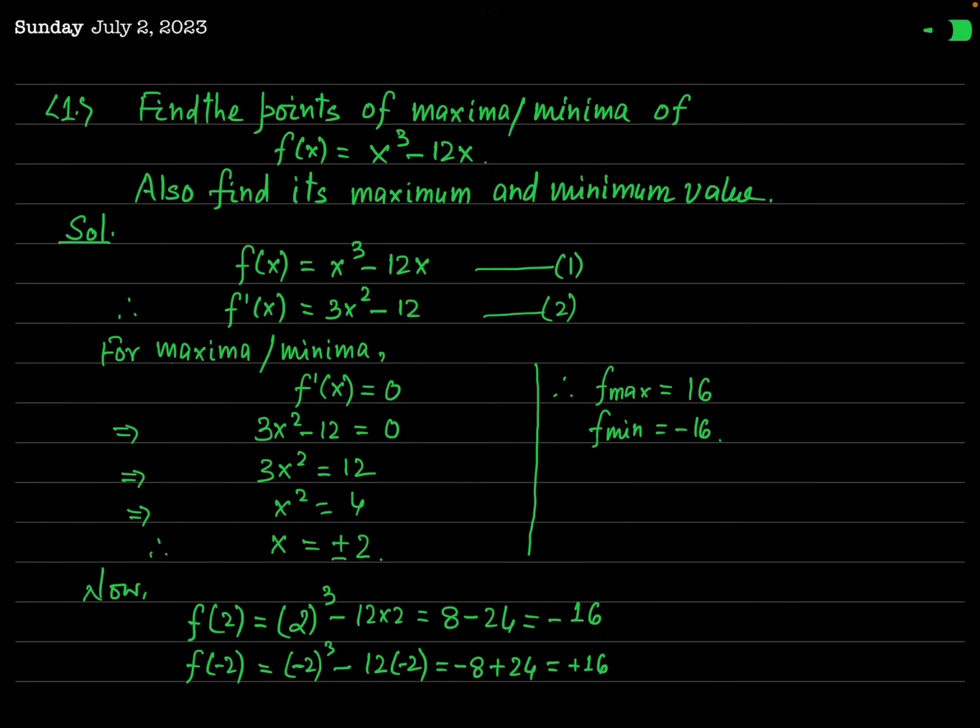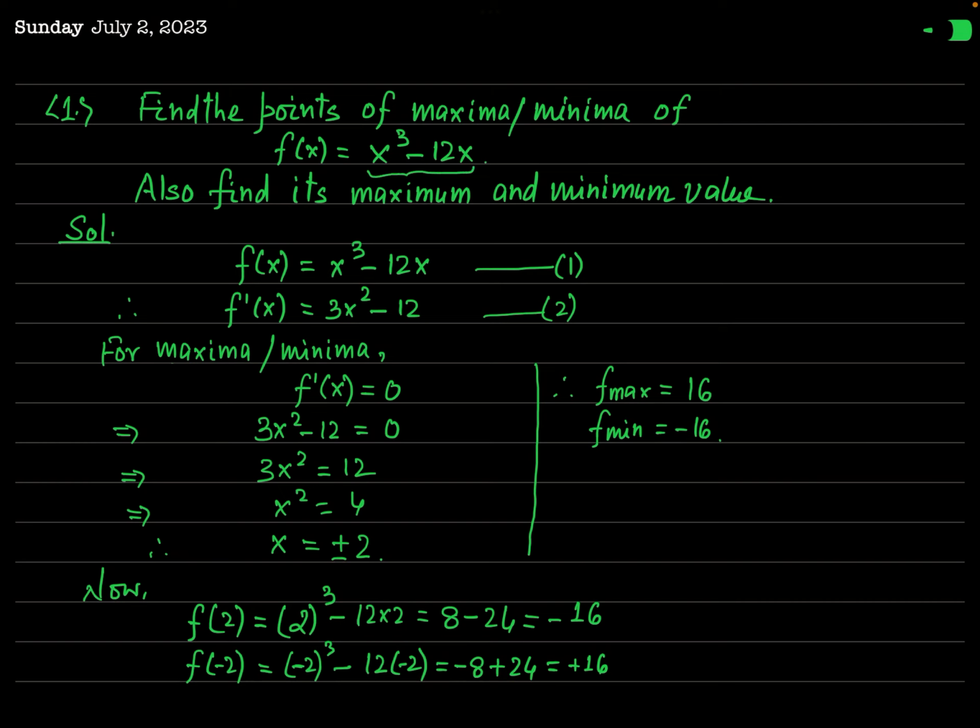This is just a very simple example to clarify your concept. The problem says: find the points of maxima and minima of a function f of x which is equal to x cube minus 12x.